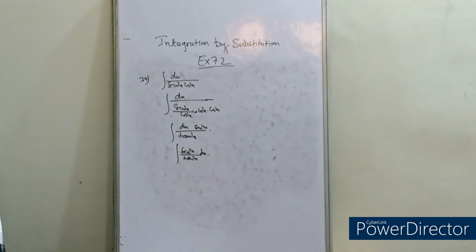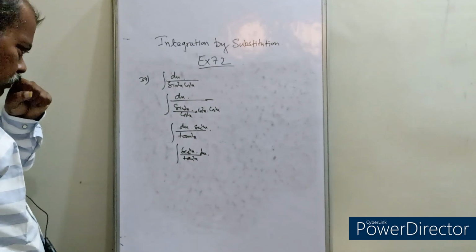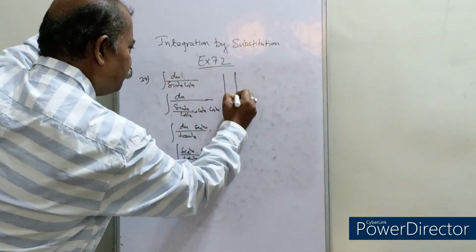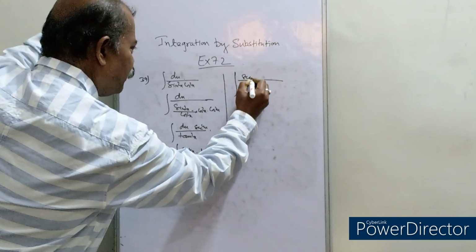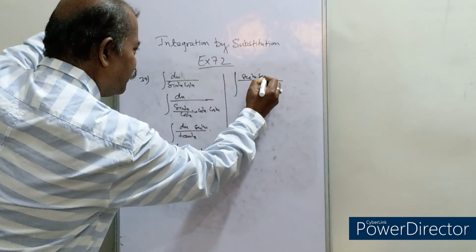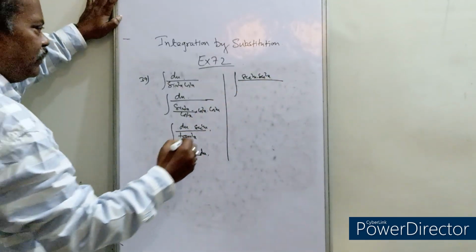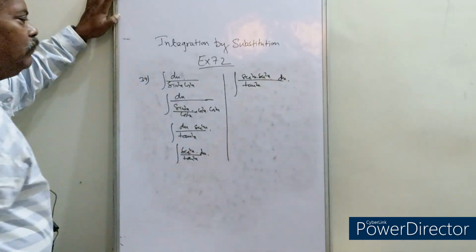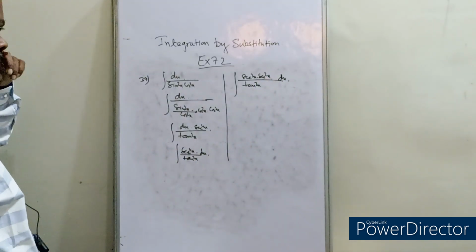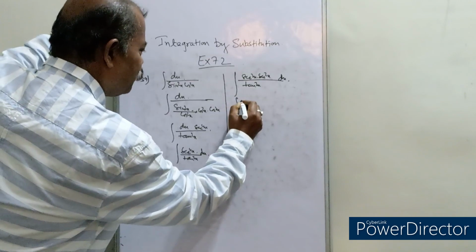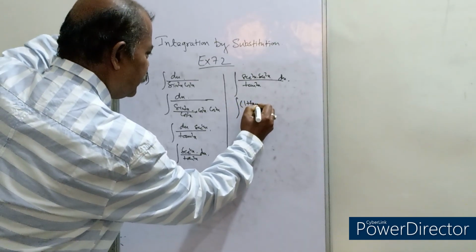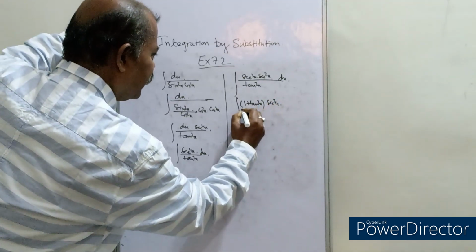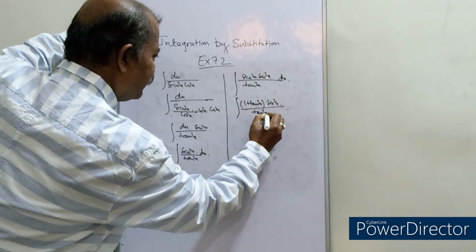Now I am going to make a little adjustment, nothing very tough. Instead of sec^4 x I am going to write sec^2 x into sec^2 x, and tan^2 x. And instead of one sec^2 x I am going to write 1 + tan^2 x.